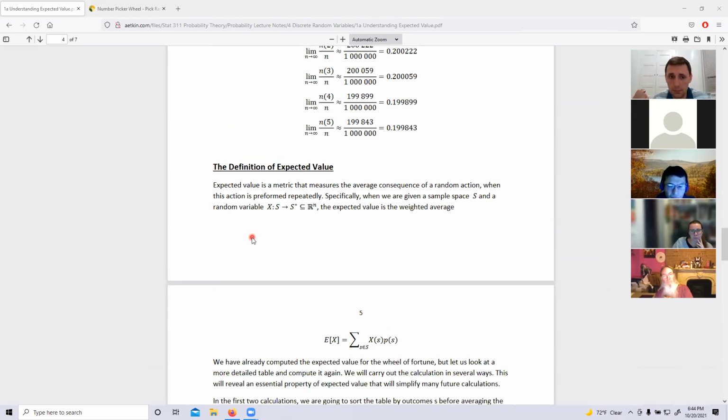The intuition is very simple. Expected value is a metric that measures the average consequence of a random action when this action is performed repeatedly. So specifically, when we are given a sample space S and a random variable that carries S to S star, in general, the random variable will be a number.